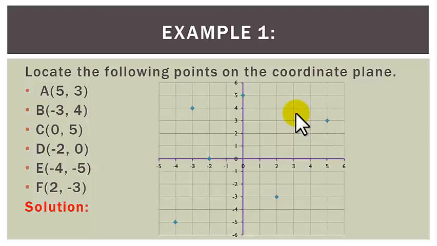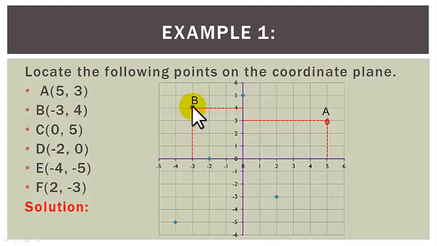Given the rectangular coordinate plane shown here, the point A is located here. This is the location of the point A. At this point, the x-coordinate is 5 and the y-coordinate is 3. This is the location of the point B. At the point B, the x-coordinate is -3 and the y-coordinate is 4.